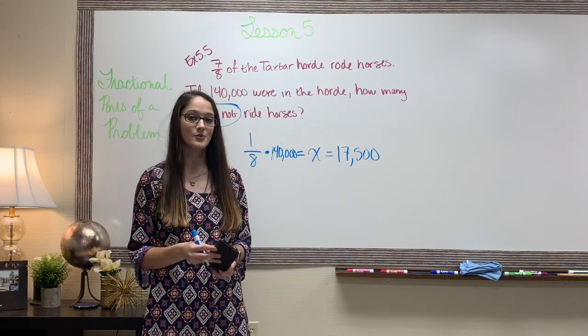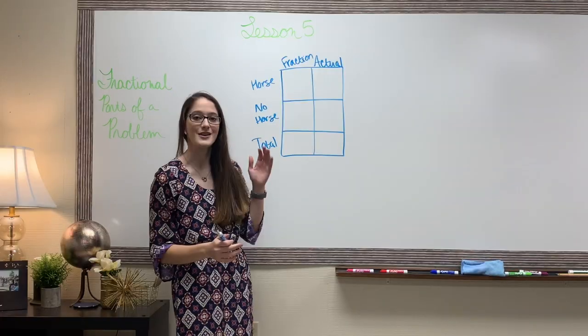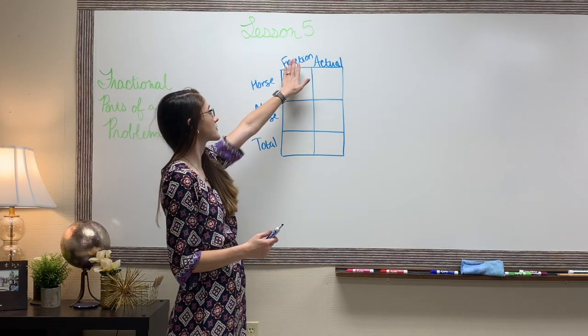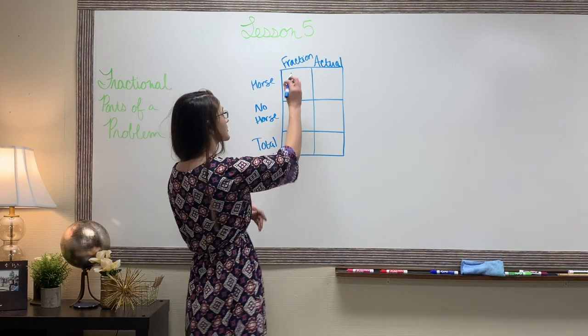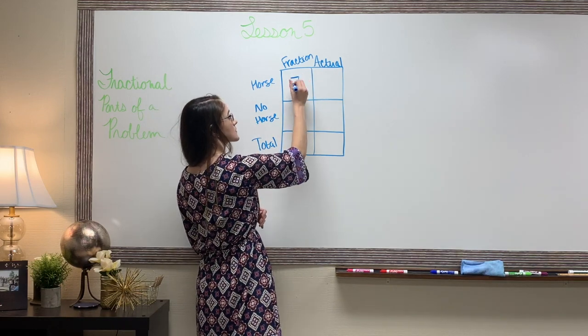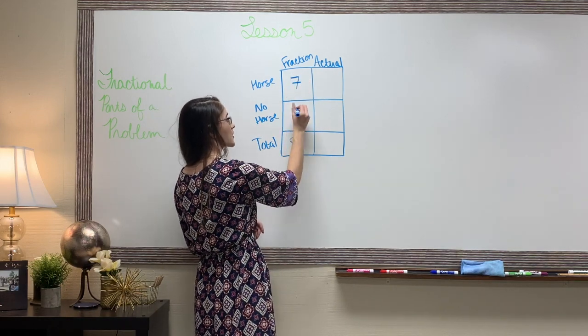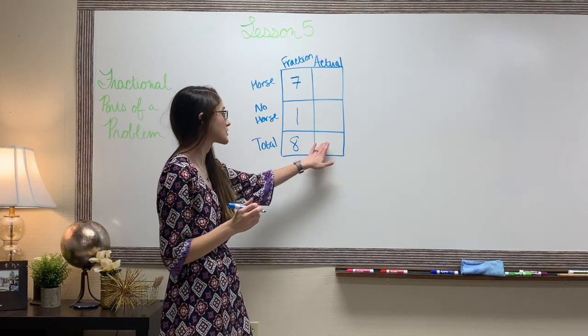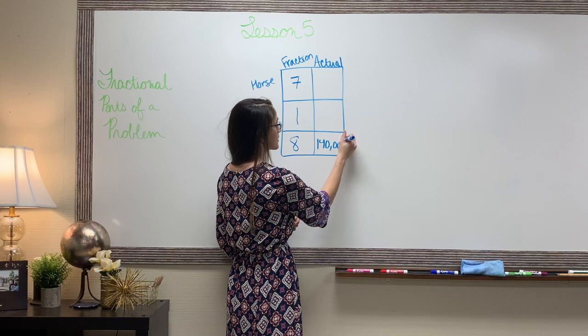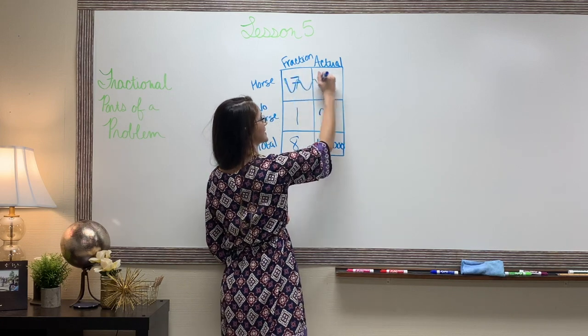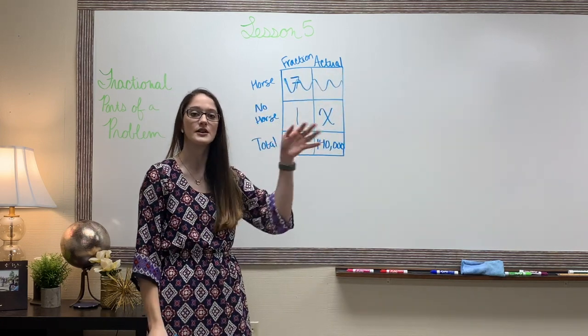Now let's try it another way just to prove that it works. Okay, so here we have our ratio box. We have the fraction and the actual horse, no horse, total. And we know that the fraction that did ride a horse was 7/8. So we know this part is 1. We know the total was 140,000. And they want us to find how many did not ride a horse. So we no longer need that top bar.